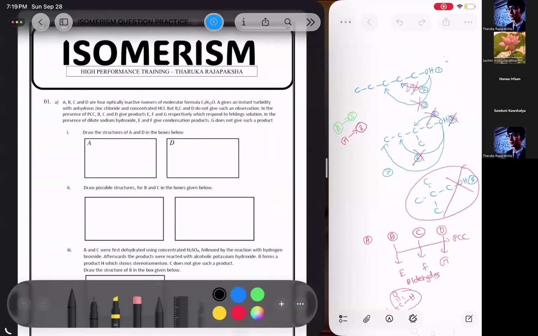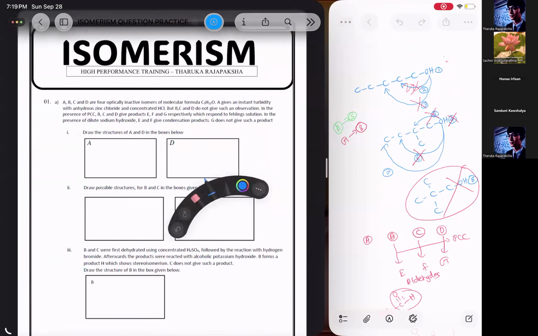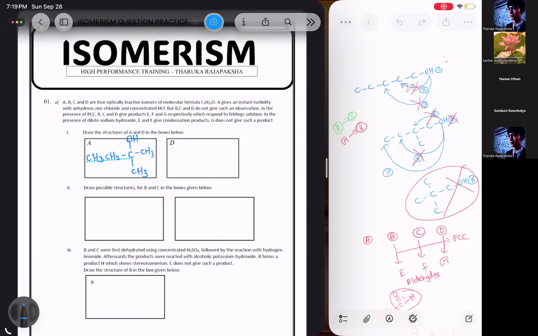A is CH3, CH2, C, OH, CH3, CH3. This is A, right?